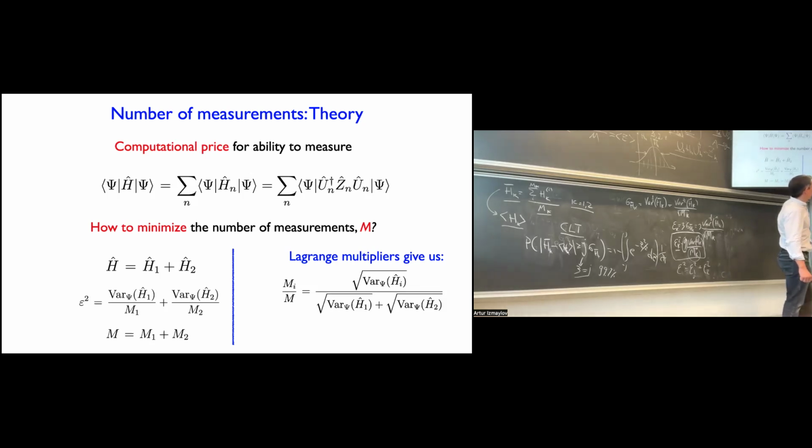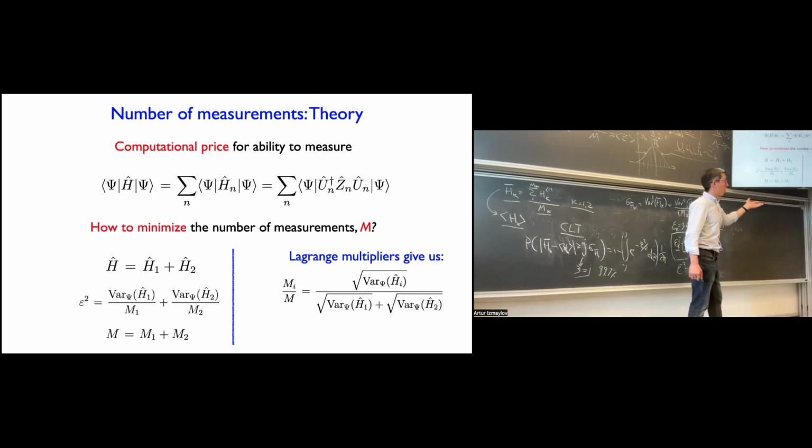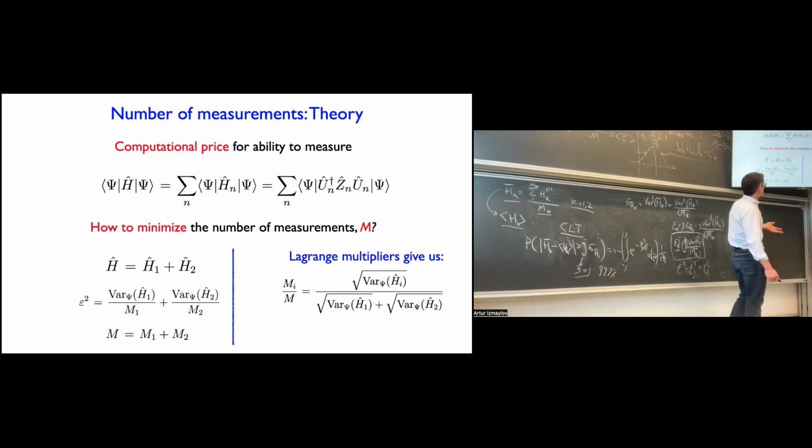Turns out this formula can be obtained, and it shows an intuitively clear picture that the fragment that has larger variance should be measured more, right? If you want to reduce the total error from this formula, you want to increase the denominator for those whose numerator is large. And that's what Lagrange multipliers give us.